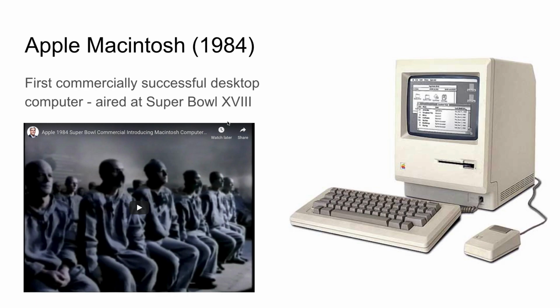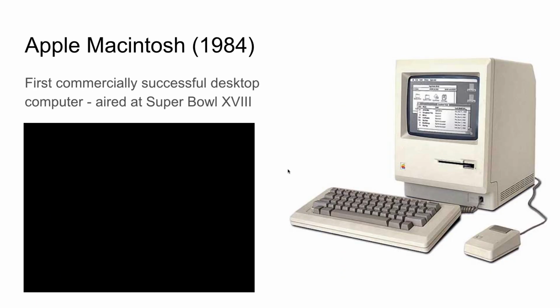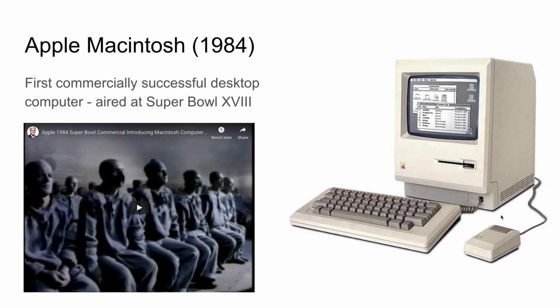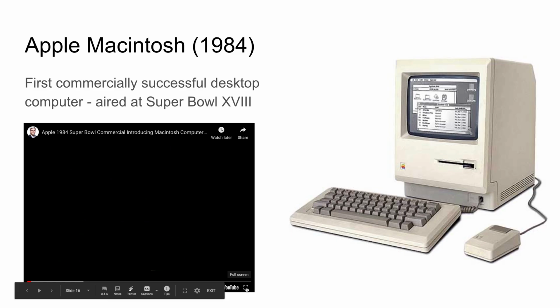Who's going to buy it? But spoiler alert, we have a mouse, we've got a keyboard, we've got space for some external storage devices, we've got that WIMP, what you see is what you get interface, and this is how it was introduced. This is this completely random advert. This is how Apple introduced it to the world at the 1984 Super Bowl.